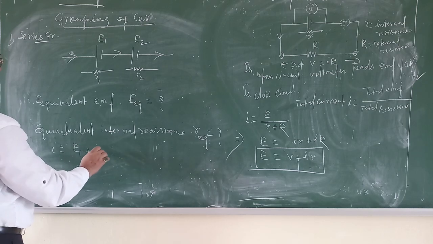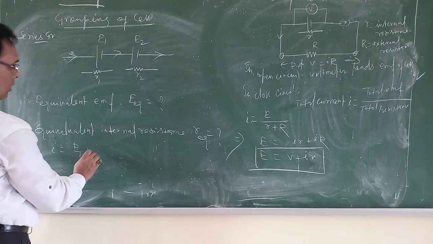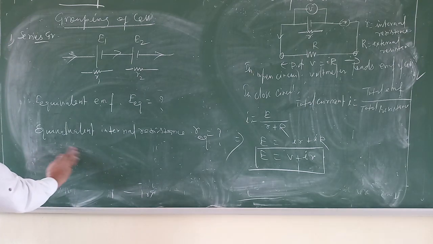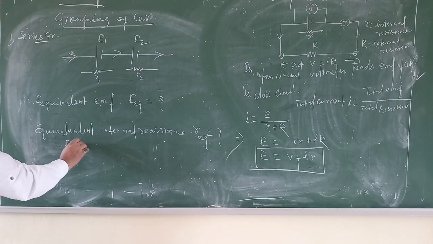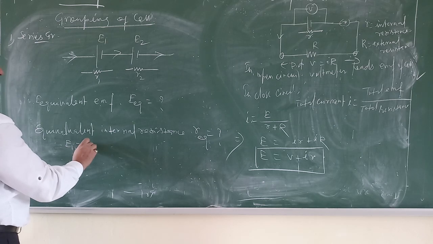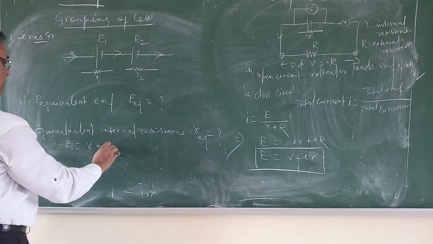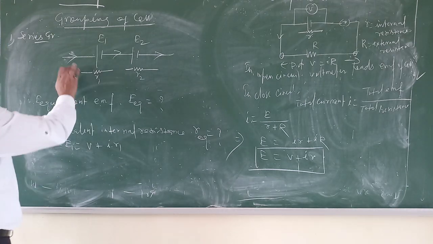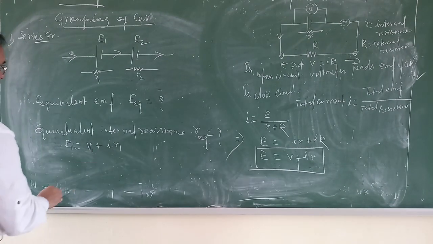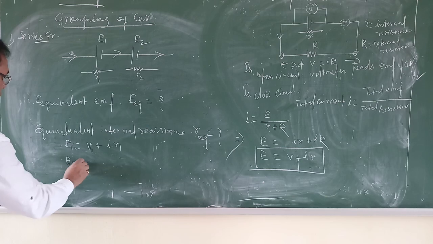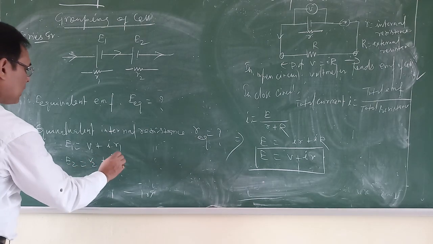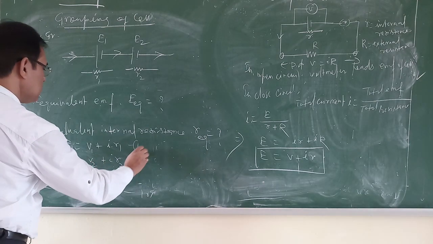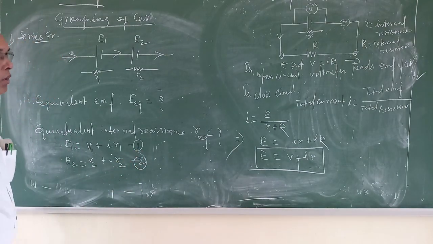You can write E1 equal to V1 plus I R1, where V1 is the potential across the first cell. Similarly, E2 equal to V2 plus I R2. This is equation 1 and this is equation 2.